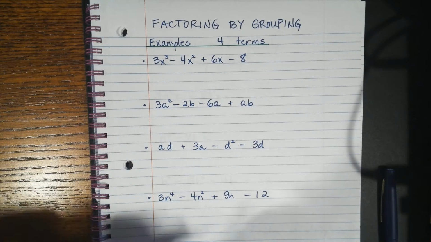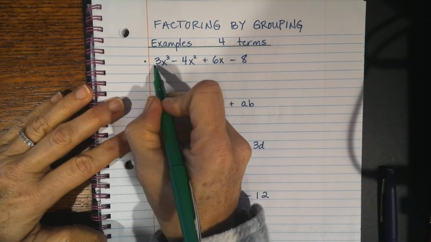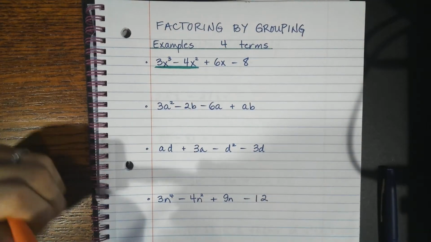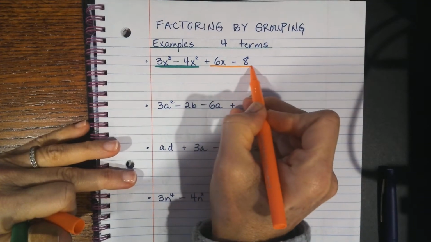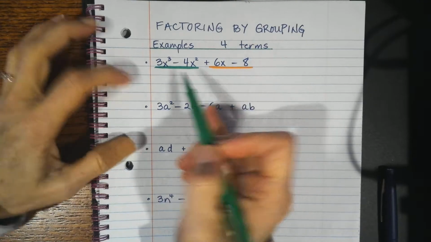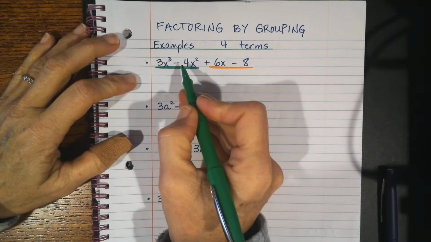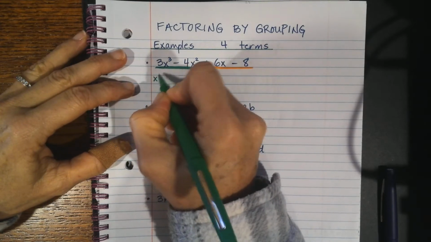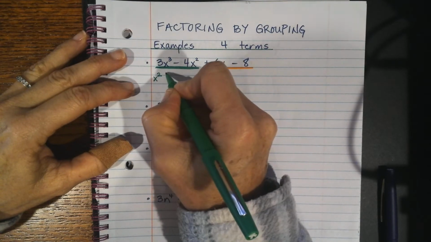I'm going to go ahead and do these 2 together because they're in order, and then I'll do these 2 together. And it'll all end up the same no matter how you do it. But if I look for the greatest common factor of these 2 terms, it's just x squared. So I'm going to write an x squared here.